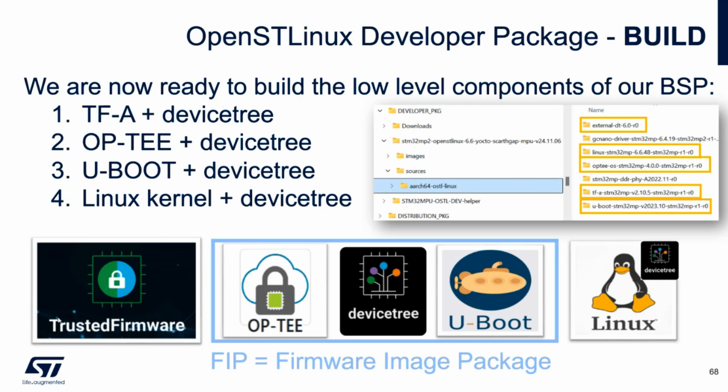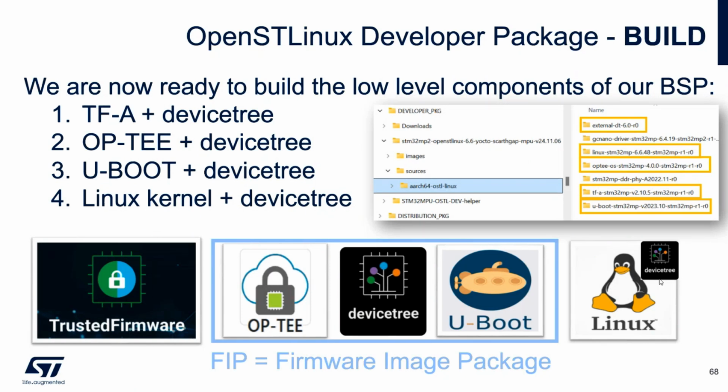Keep in mind that the trusted firmware will result in a single image. When you build the trusted firmware with the associated device tree, you will obtain a single image. While we are packaging together the OP-TEE, the U-Boot, and the device tree. So OP-TEE, U-Boot, and the device tree will result in a single image called FIP, Firmware Image Package.